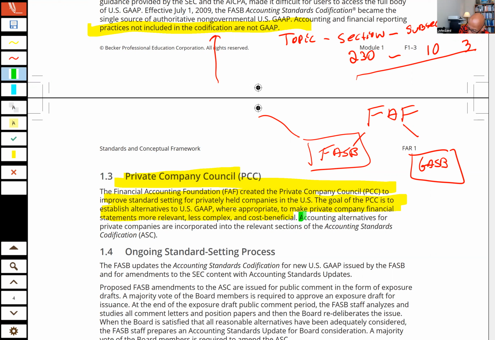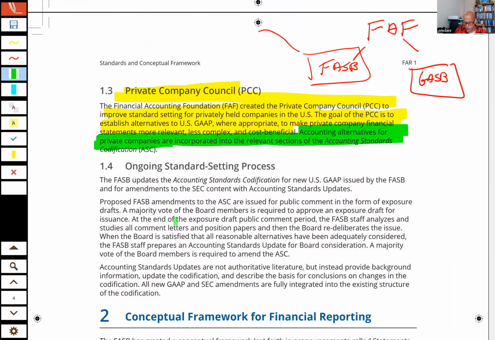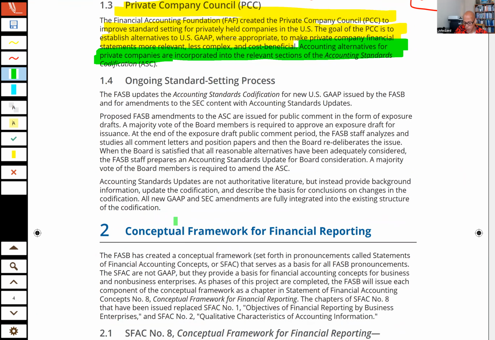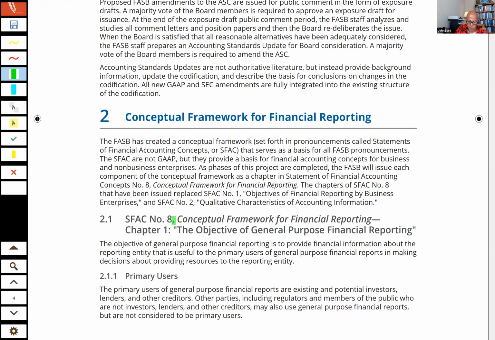If you did see something like that, private companies are incorporated into relevant sections of the Accounting Standards Codification if there is a rule that's a little less complex. For private companies, FASB will mention that. The examiners don't get too far off into that, though. Okay, good. So we only have to worry about US GAAP. We don't have to worry about international standards anymore.